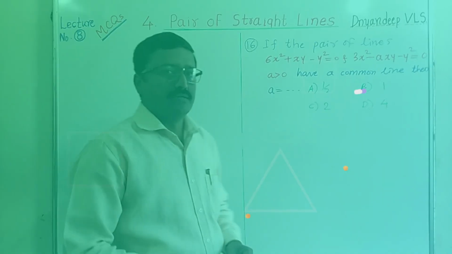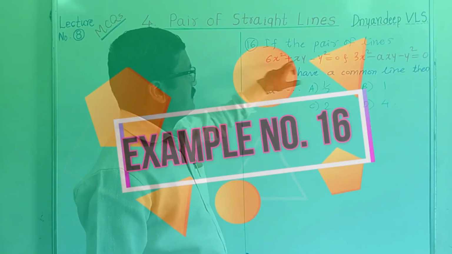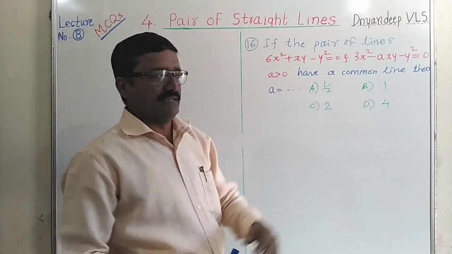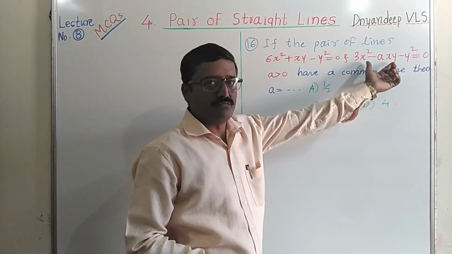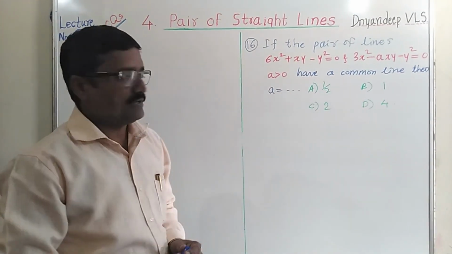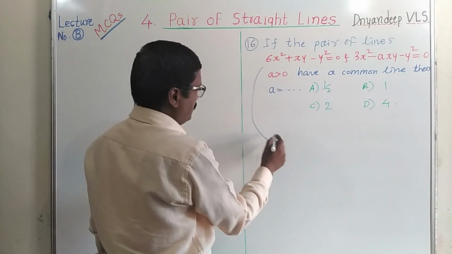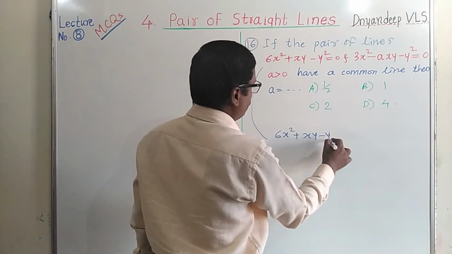Okay. Now let us see example number 16. If the pair of lines given by these two equations, where a greater than 0, have a common line, it means this equation represents two lines, and this equation represents two lines, but one of them is common. So what to do? First find the two lines from this equation. From this equation we get 6x square plus xy minus y square equal to 0.